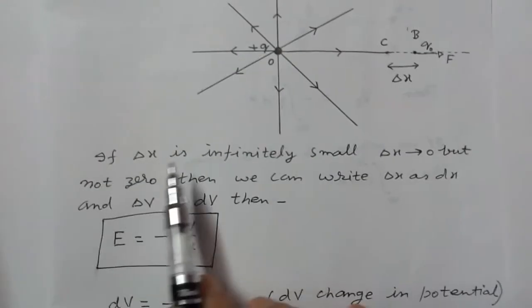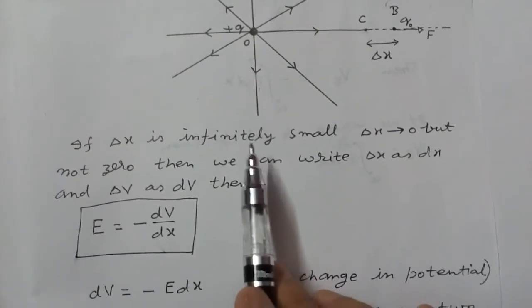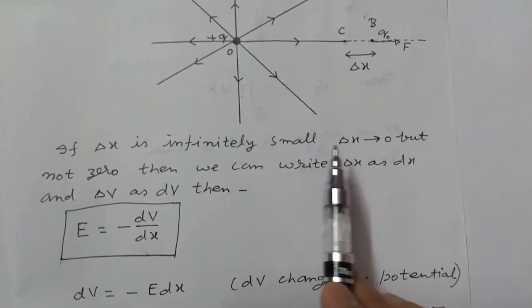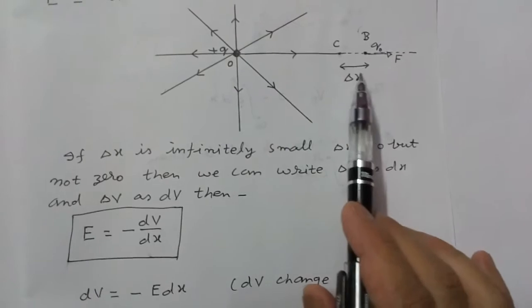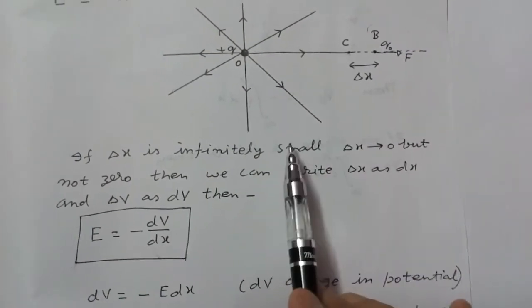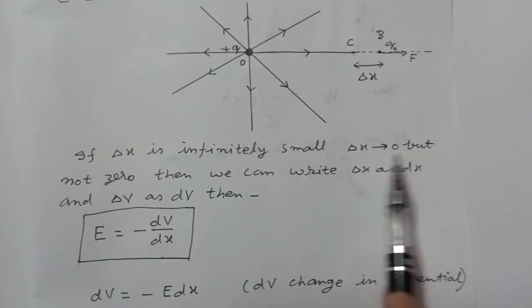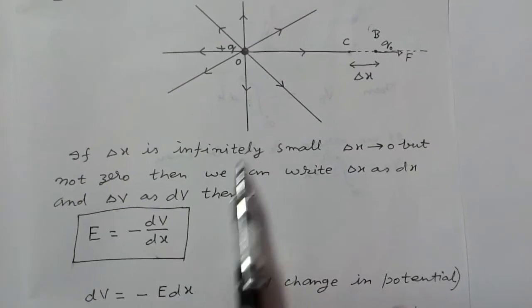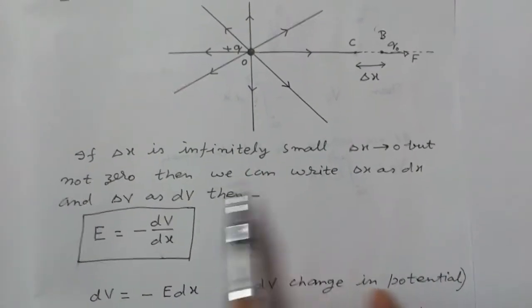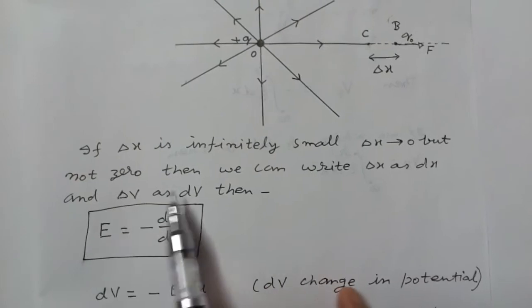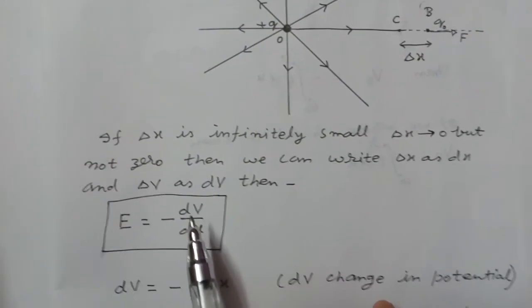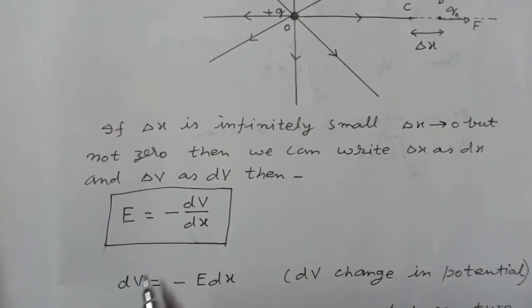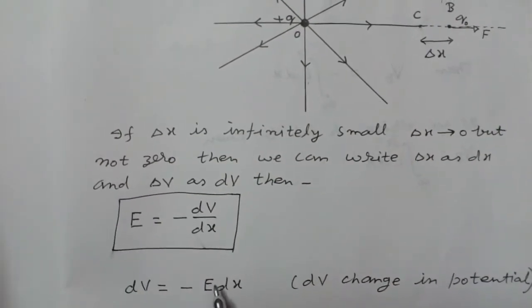If delta x is infinitely small, delta x tending to zero, meaning it is not zero but tending towards zero, then we may write dx for delta x and dv for delta v. So E is equal to minus dv by dx. It is in differential form. We may also write dv is equal to minus E dx.